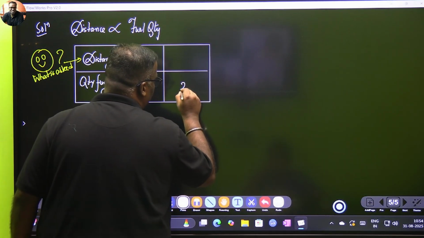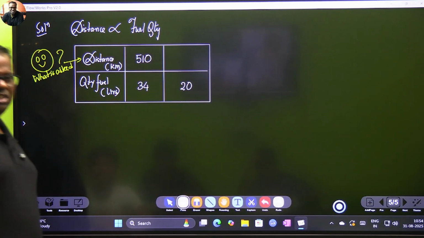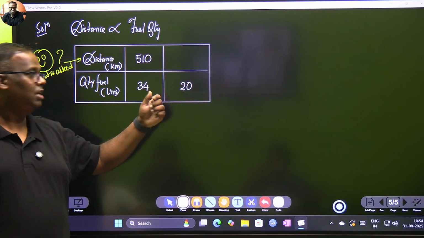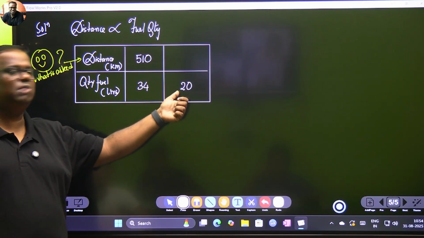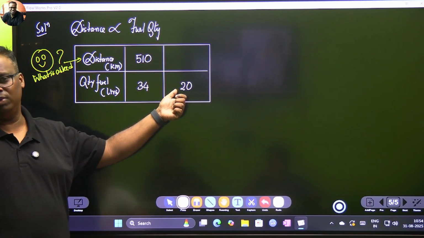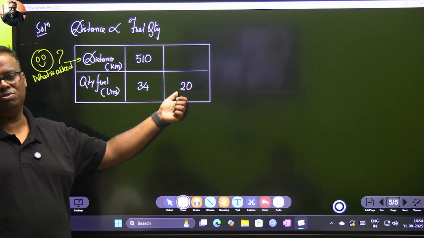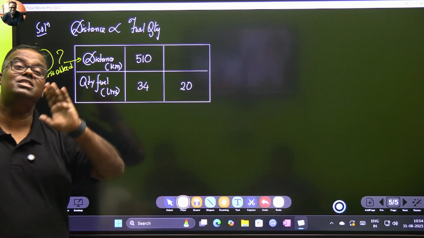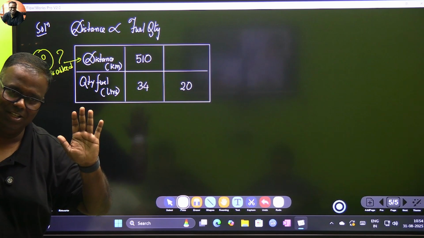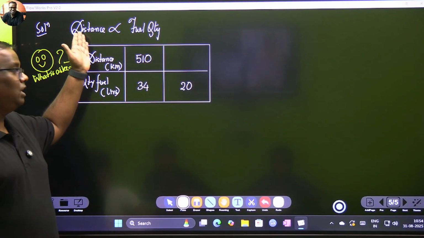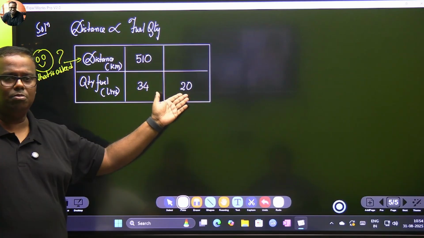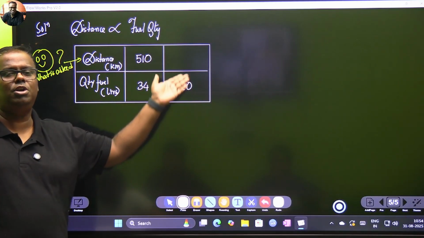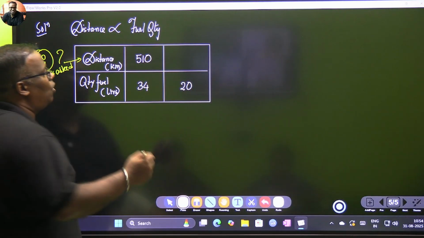Now you yourself think, rather than solving the problem: in 34 liters we went this much. Now we are spending only 20 liters. How many kilometers will we go? Less than this only. So our answer cannot be more than this. Directly, the more you go, the more petrol is used. Here the petrol is less, you are not spending that much. If you don't spend, you won't go that much. But I don't know how much it did.